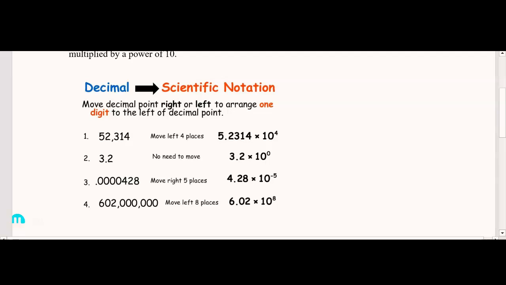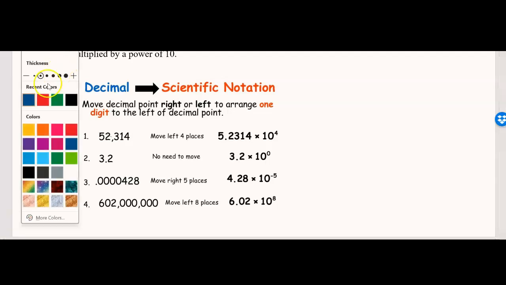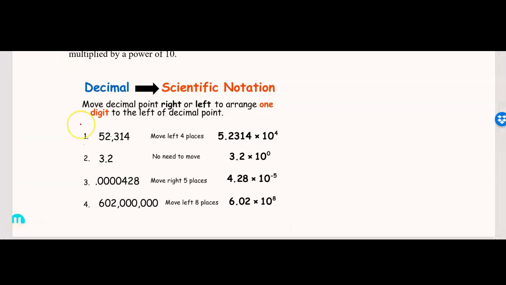What you do when you want to turn a number into scientific notation, so you can see on the right-hand side, these are all numbers that are now in what we call scientific notation. You always want to make sure that your decimal is between the ones place and the tenths, meaning when we turn this into scientific notation, my decimal would go right here.